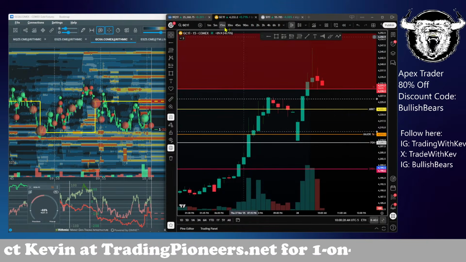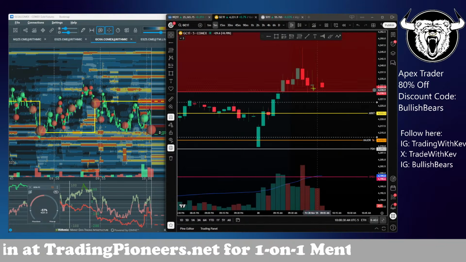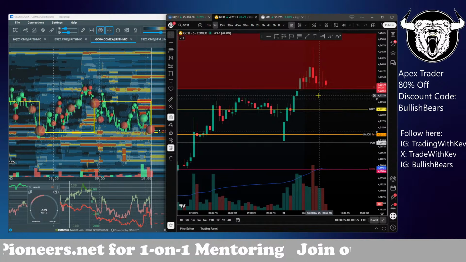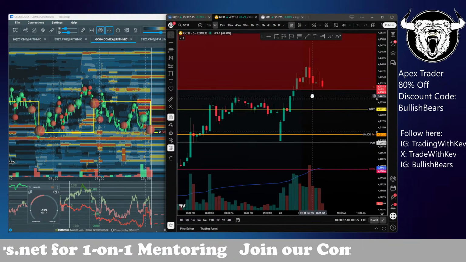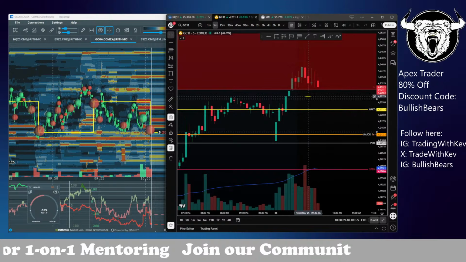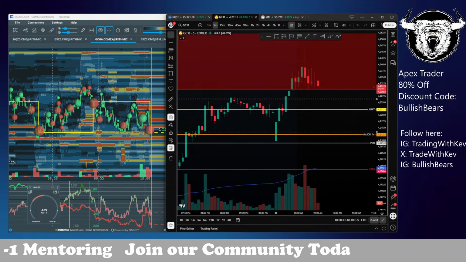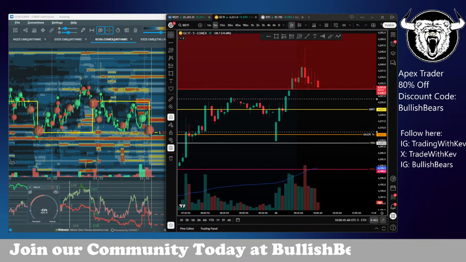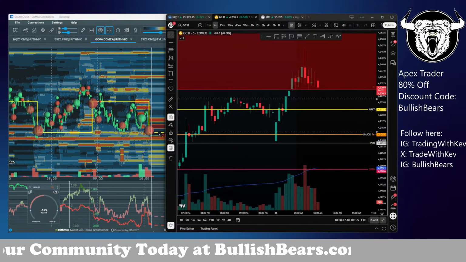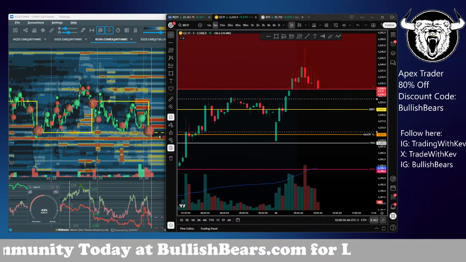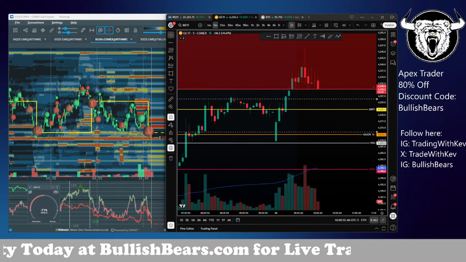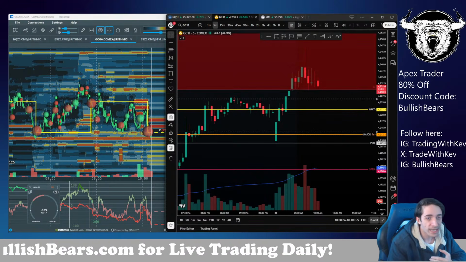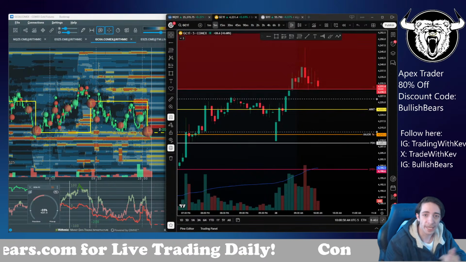Again, it could have been a better entry had we played this a little smarter. Yeah, there's some selling. But you can't trade off of hindsight. You can't be upset with yourself over execution. You can only journal it and try to do better. Our goal as traders, as individuals, if we're learning anything, whether we're trying to be a doctor, even if you're learning a video game, everything takes time, everything takes effort, and everything takes some trial and error.